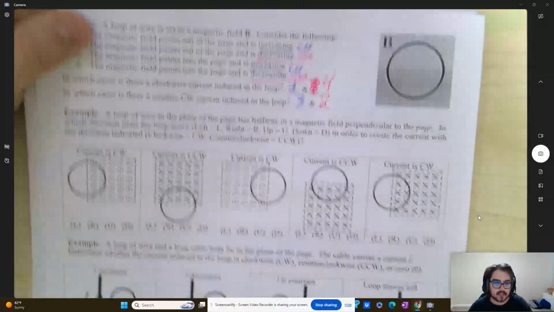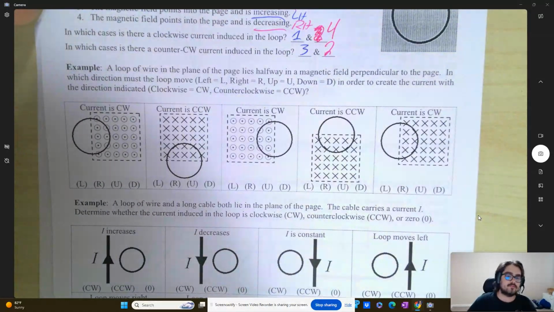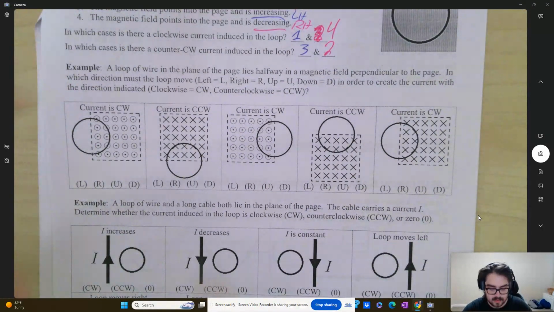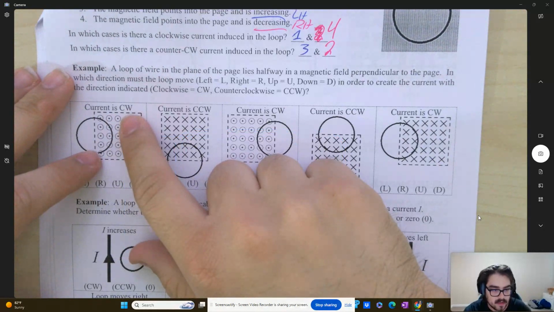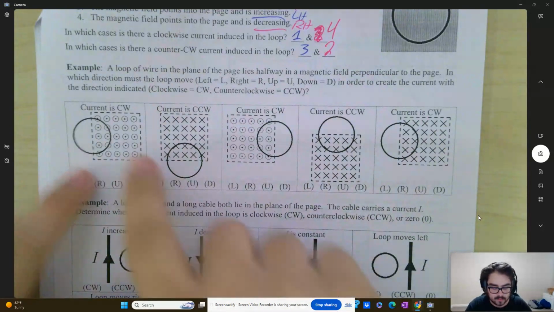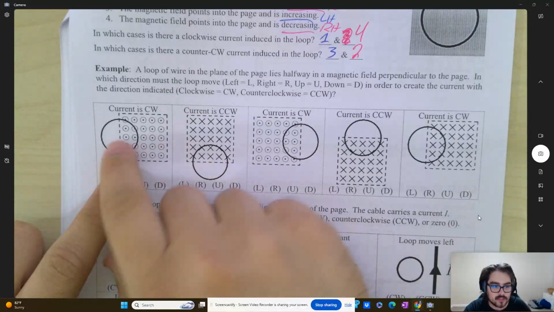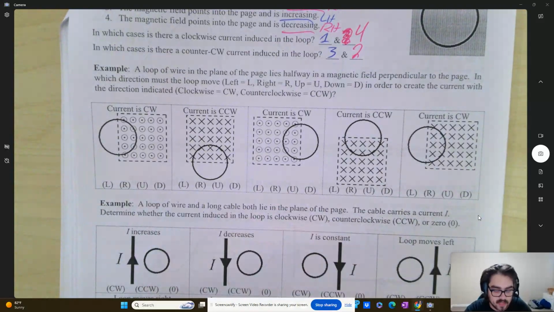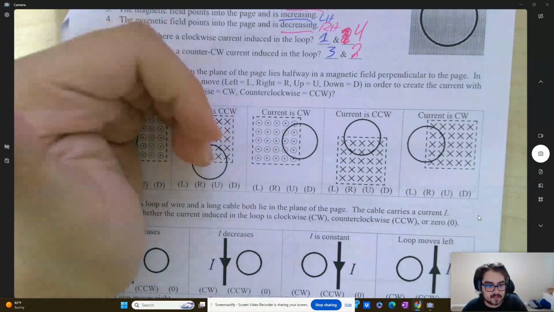A loop of wire in the plane of the page lies halfway in a magnetic field perpendicular to the page. In which direction must the loop move in order to create the current with the direction indicated? If we want the current to be clockwise, then we can test it. The magnetic field's out of the page. So we want to test it with our hands. Thumbs up on left hand or right hand will give us counterclockwise, but we want clockwise.